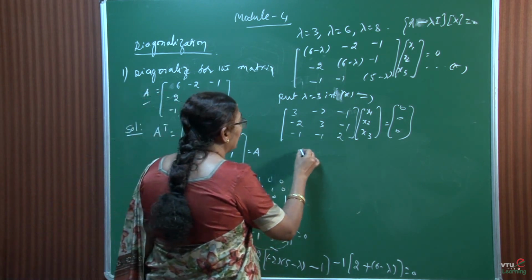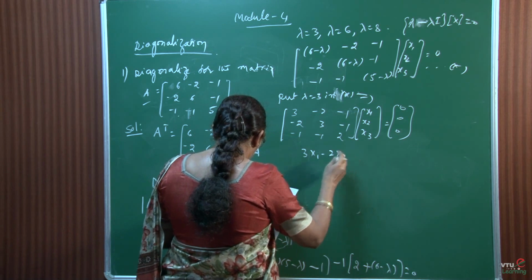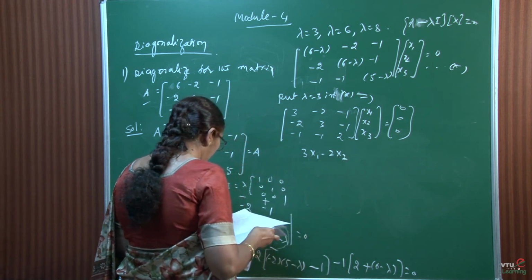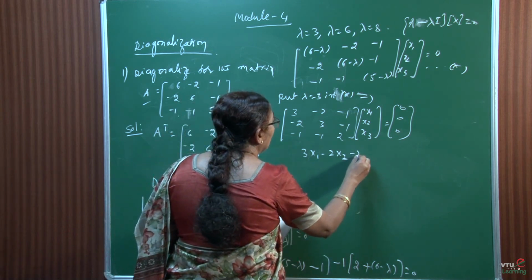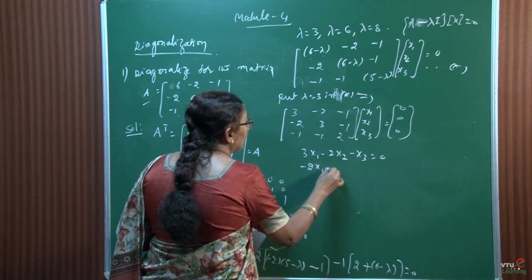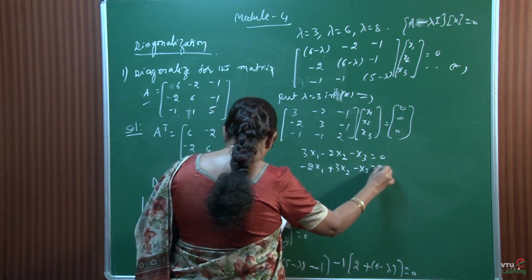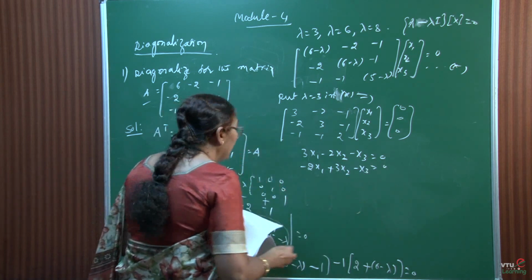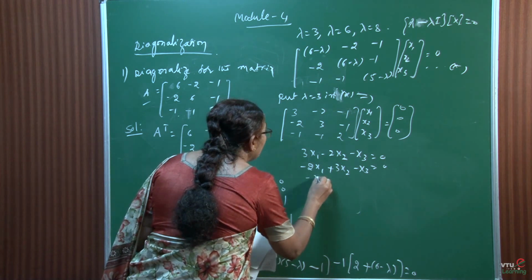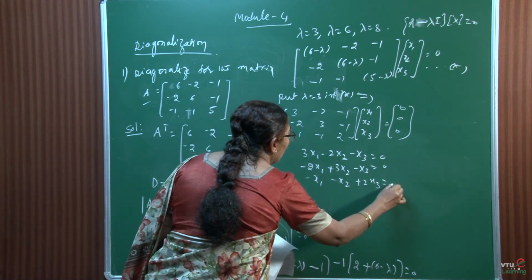What we get finally: equation 3x1 minus 2x2 minus x3 equal to 0 is one equation; minus 2x1 plus 3x2 minus x3 equal to 0; and also minus x1 minus x2 plus 2x3 must be equal to 0.